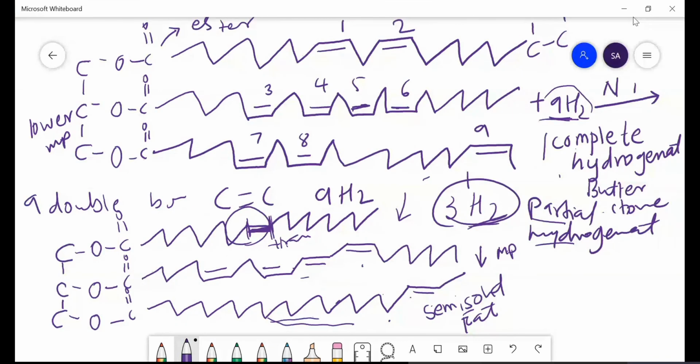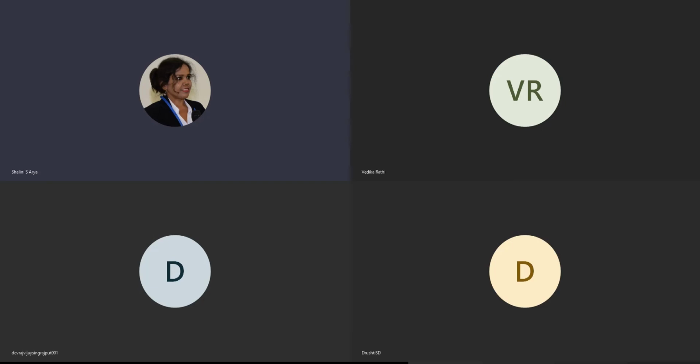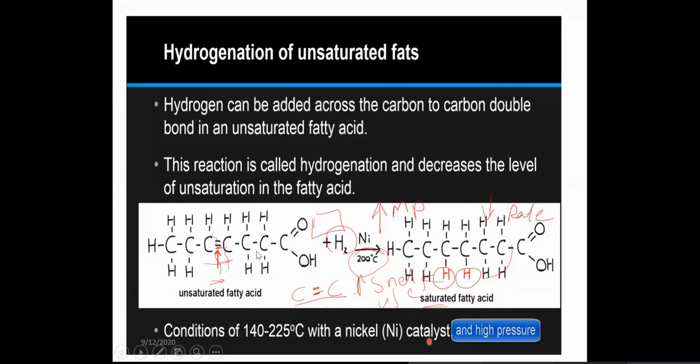But trans means you get one H here and one H there. So here is one trans, here is one trans. During partial hydrogenation, trans fatty acids are formed, and it is very well established that trans fatty acids are really bad for health, and they increase the level of bad cholesterol and decrease the level of good cholesterol. Therefore partial hydrogenation is not recommended.